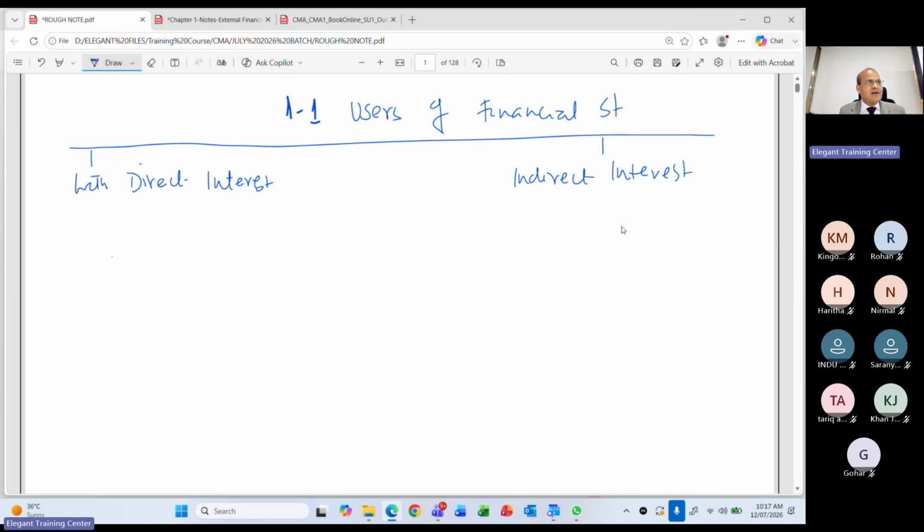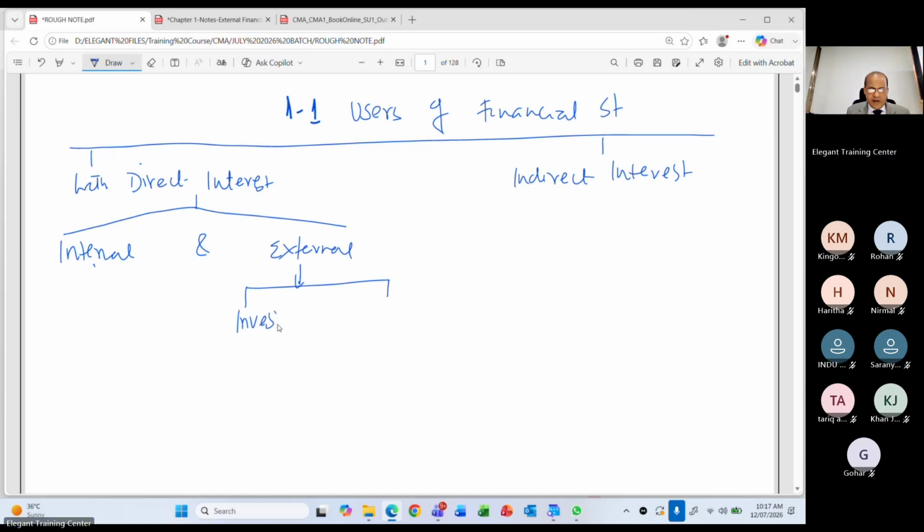Users with direct interest and indirect interest. Under direct interest, again, we have internal and external users. Now, who are external users?